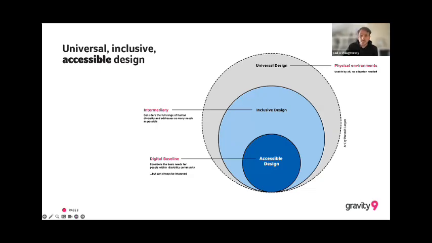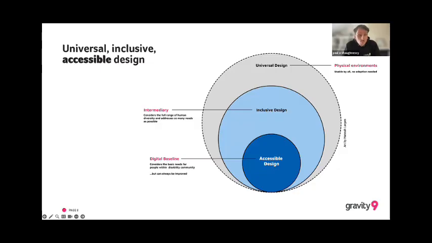Now, before I go ahead, these two are a bit slippery, a bit blurry, because they're quite similar. But the key difference between them lies in their scope. Inclusive design has a much wider reach, and we consider the full range of human diversity and address as many user needs as possible. That's the most important part.